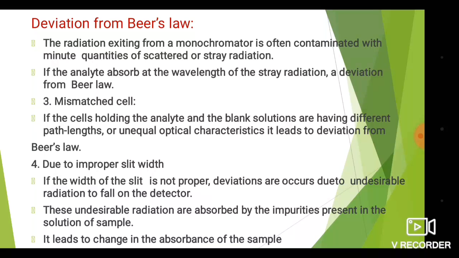If the width of the slit is not proper, deviation occurs due to undesirable radiation falling on the detector. So we will not get the real radiation which falls on the detector or which is passed through the sample.